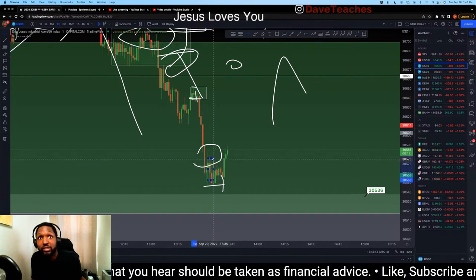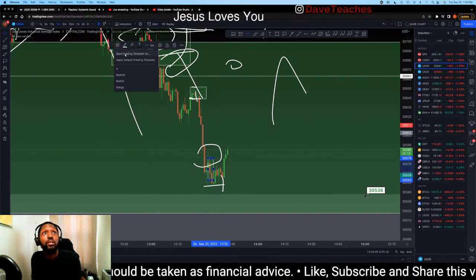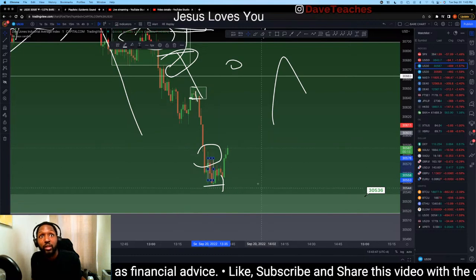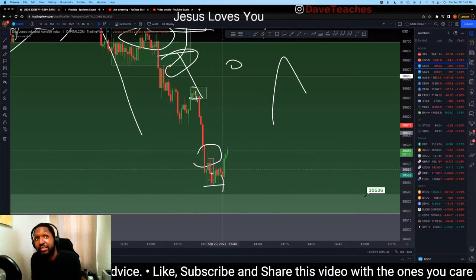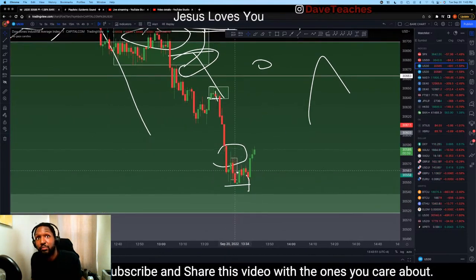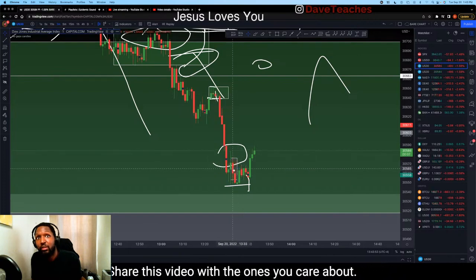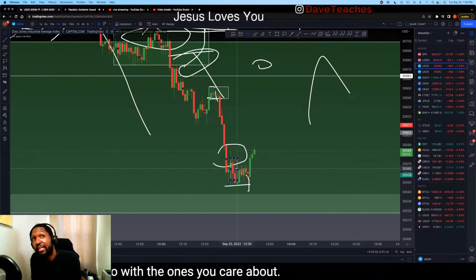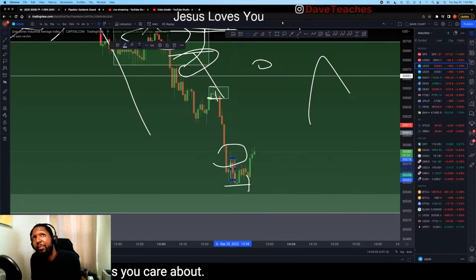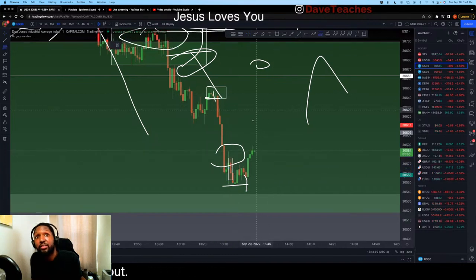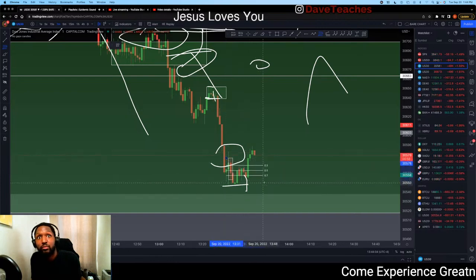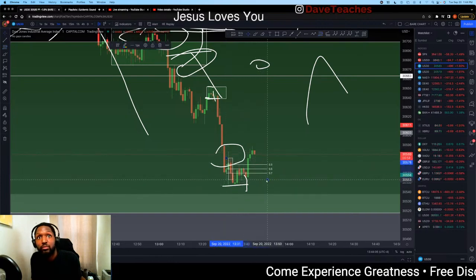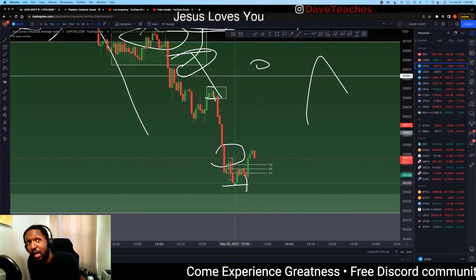Let me actually color code this. So here's the smaller hidden S&D right here. You see how price taps into the 50% of it? Let me take a fib and put it around this so you guys can see. You see how we come out of it?